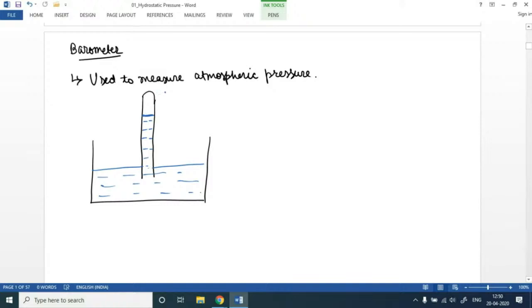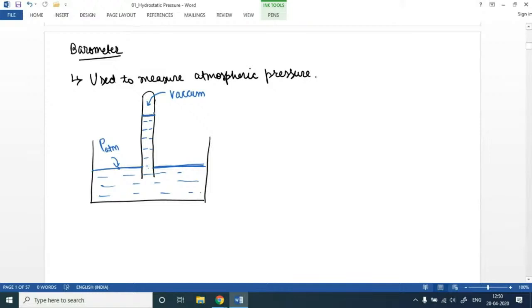Here we ensure that there is vacuum. In the design of a barometer we have to ensure that this part of the narrow tube is a perfect vacuum. The surface of liquid here is exposed to atmosphere. Whatever surface of liquid is exposed to atmosphere, at that point the pressure is going to be PATM. And now this surface of liquid here is exposed to vacuum.